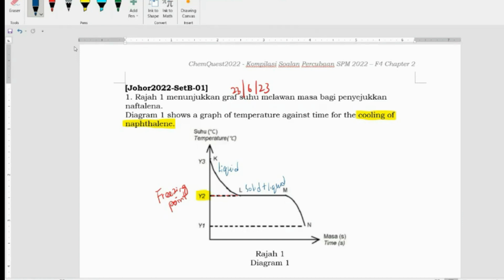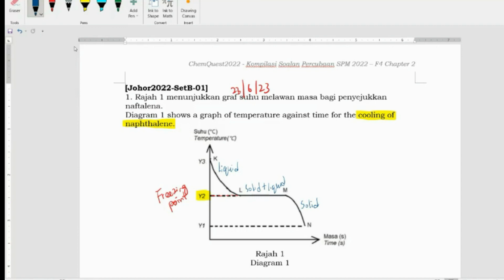Okay, how about M to N? Okay, Jonathan, M, N. What is the physical state? Solid. Yes, here is the totally solid. Okay, Anand? So here start to freeze, decrease.